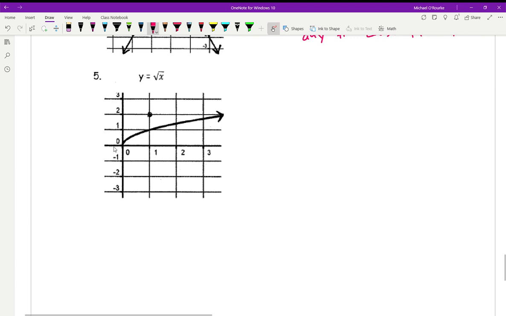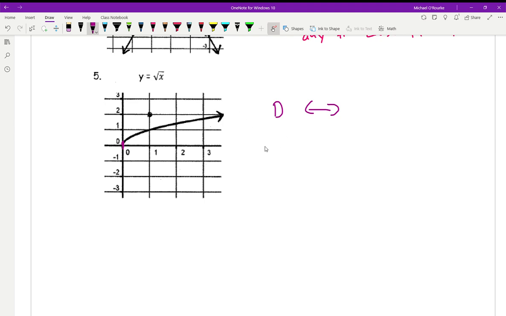I'll let you take a look at this one for a second before I write it out. So what's our domain here? Well, if you take a look, where does it end? It ends at 0 and gets larger.